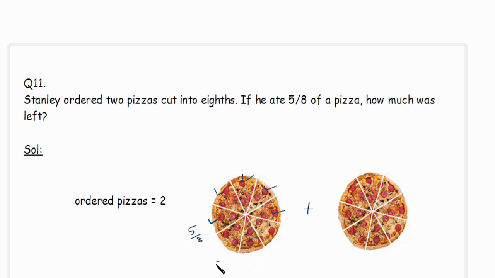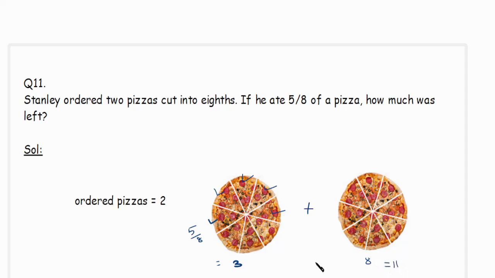The remaining from that pizza is 3 only, since 8 minus 5 is 3, and the other full pizza has 8 pieces, so you can easily say that 11 pieces are available.